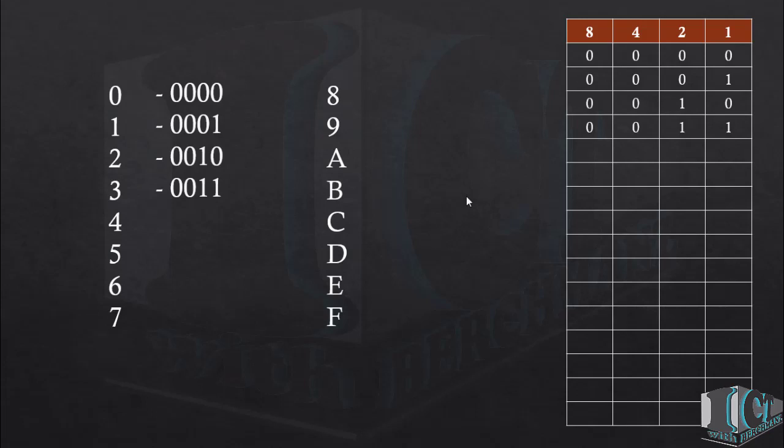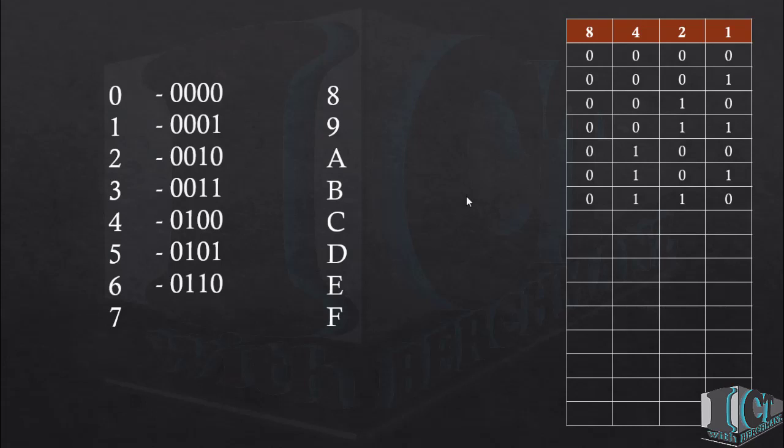Then 4 is just like the octal number, a 1 under 4 and the rest will be 0. Fifth one, that is 0101, 4 plus 1 is 5. Then for 6, 4 plus 2, that would be that.